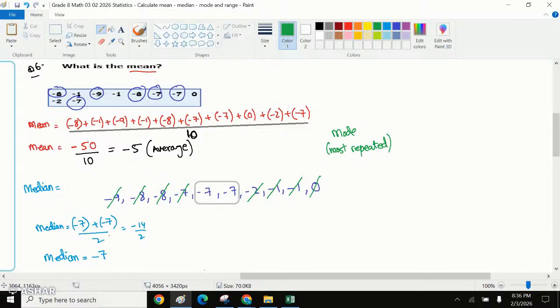Can you give me the most repeated number? See, -8 is written twice, but -7 we can see it's written one time, two times, and thrice. That means -7 is the mode.